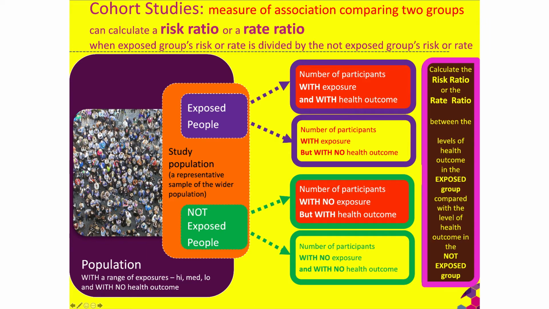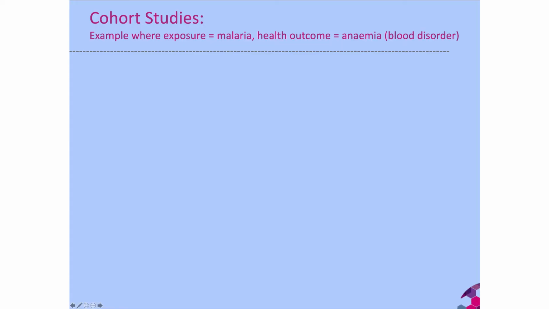And that way we calculate the risk ratio, the rate ratio between the levels of health outcome in the exposed group compared with the level of health outcome in the not exposed group. And again, we follow the participants over time.